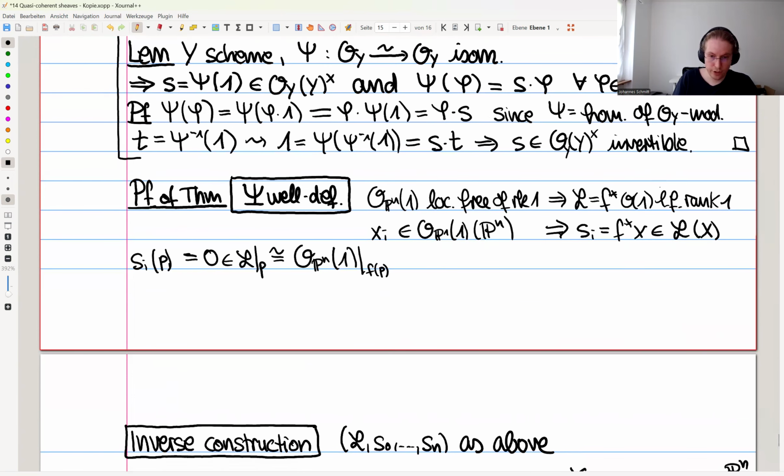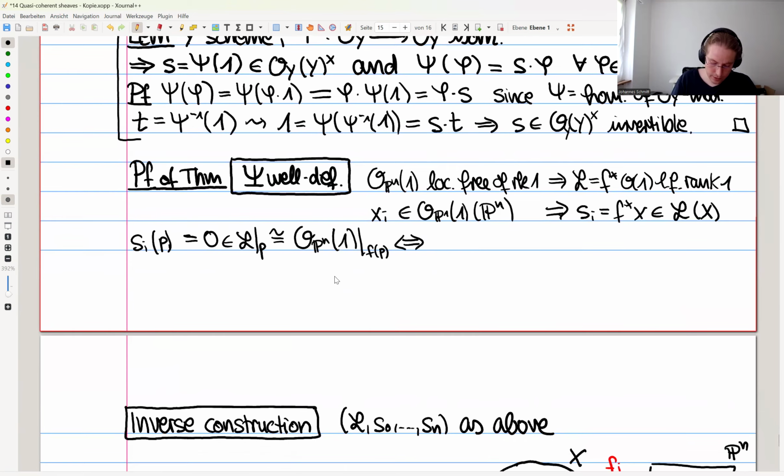So this vanishing is equivalent to saying that, under this isomorphism, this s_i goes to the x_i. So in other words, x_i at f(p) vanishes. Here we use that this is the pullback, and then this goes through this isomorphism.